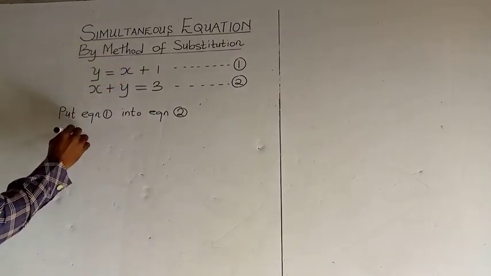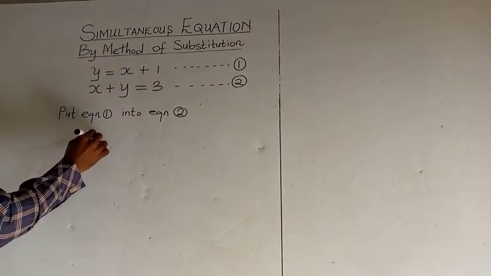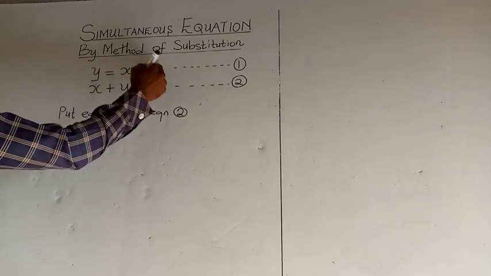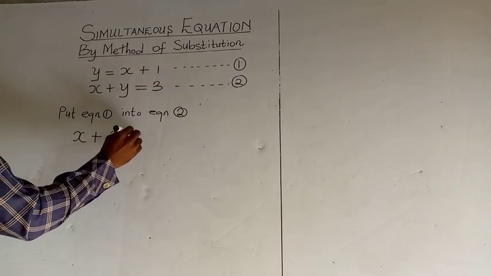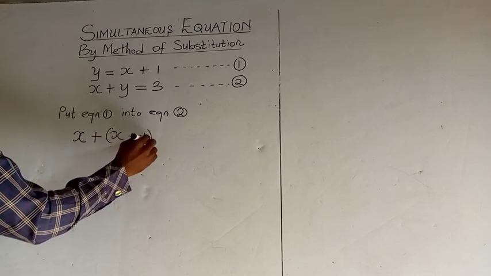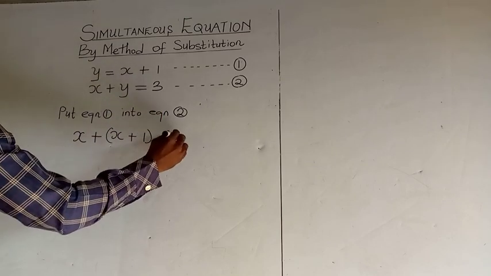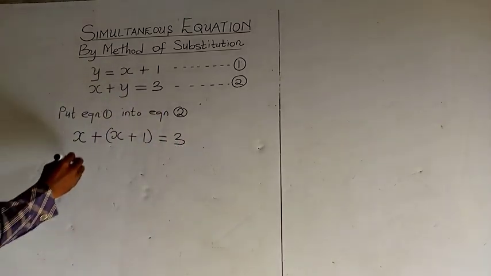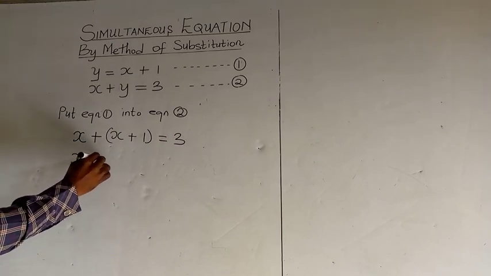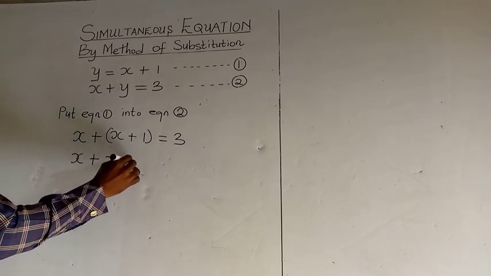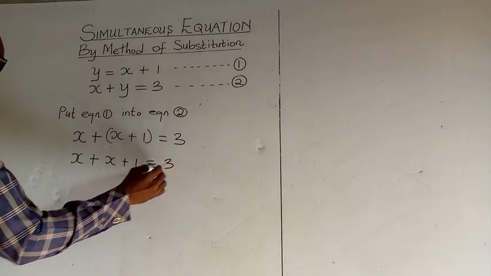That is the meaning. So we have x plus, this is y, we put the whole of this, x plus 1, which is equal to 3. So we have this as x plus x plus 1 equal to 3.